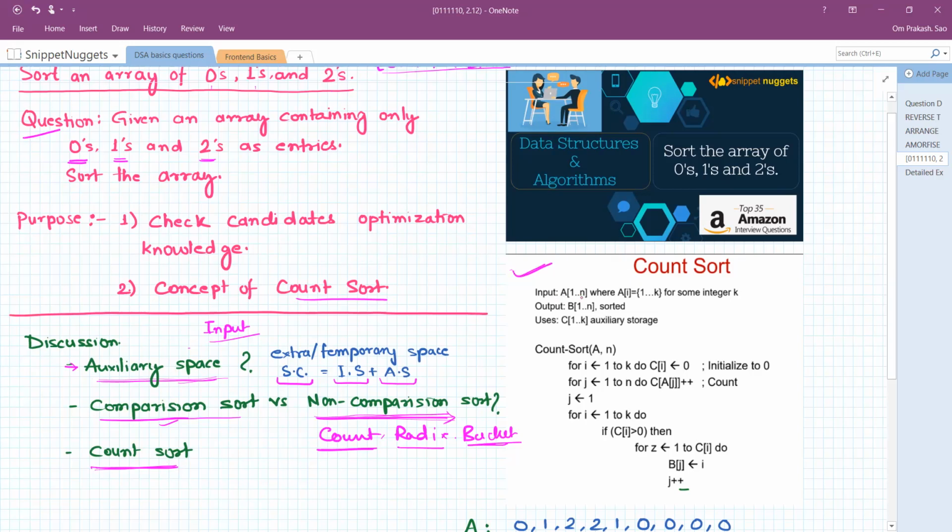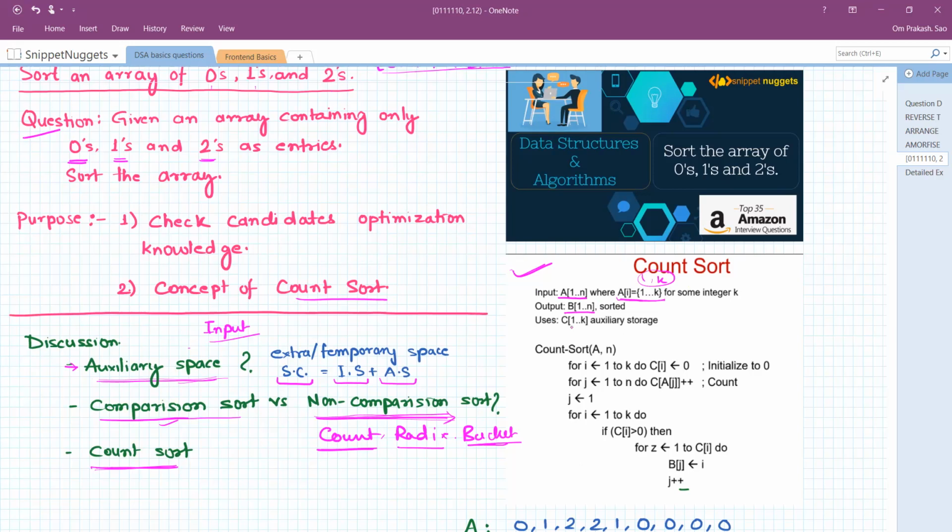So let us say our input array is A, having n elements in it, and all the elements of the input array A contain numbers from 1 to k only. Okay, there are no elements in this array which fall outside this range. Now what we need is output, let us say in array B, where n elements will be there, but in sorted manner.